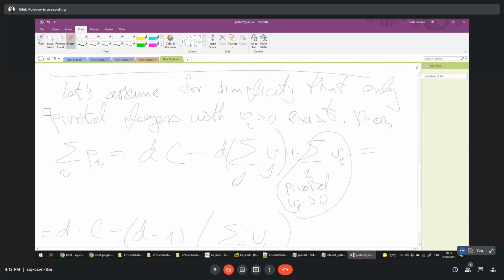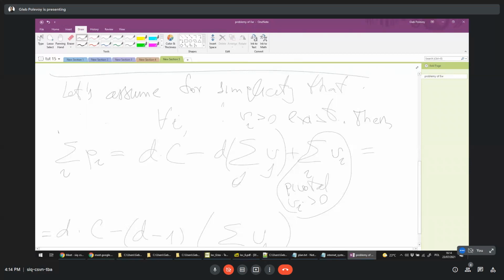I'm not sure, let's see whether it works, because now, having found a mistake in my proof, I'm trying to do it while talking. So let's assume that all the players have positive value, positive V. In particular, all the pivotal players have positive V, but we're also going to use it for something else. So for all players, the V is positive.